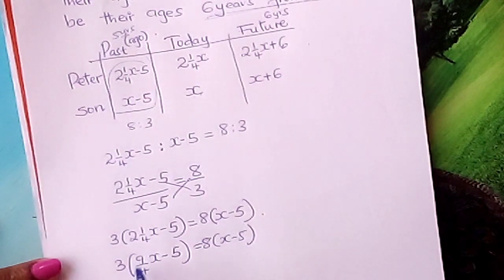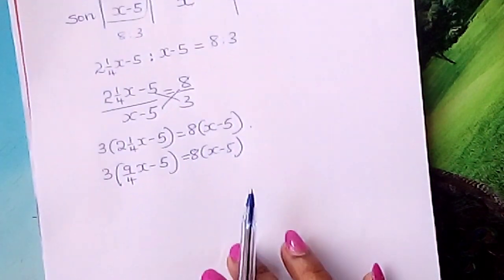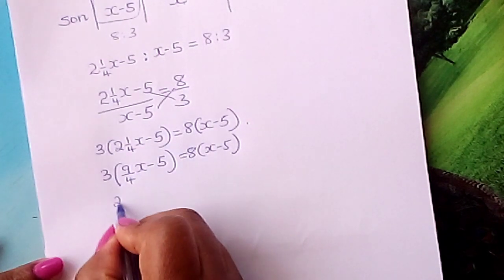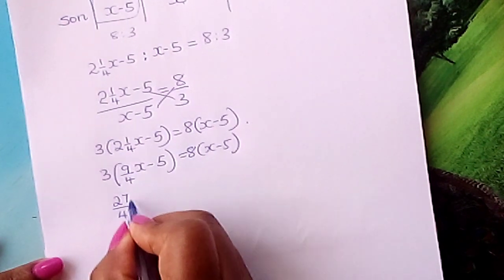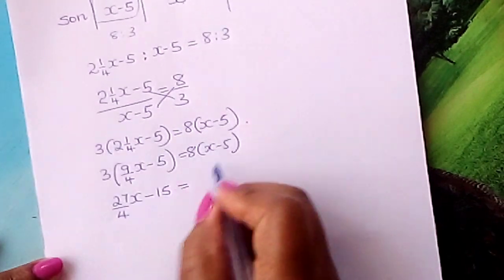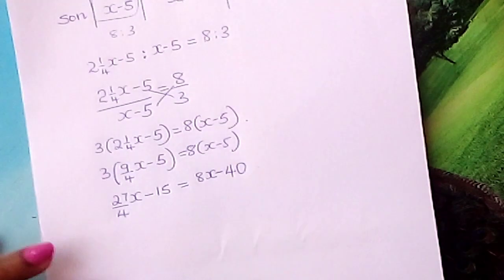Remove the brackets now. Sorry, not minus, this times this will give you 27/4 X minus 15. Then you remove the brackets on the other side, you get 8X minus 40.